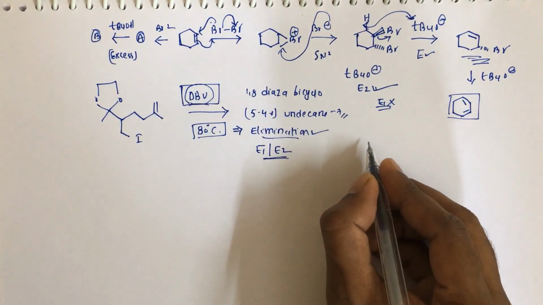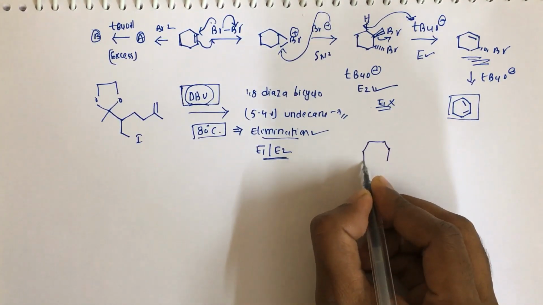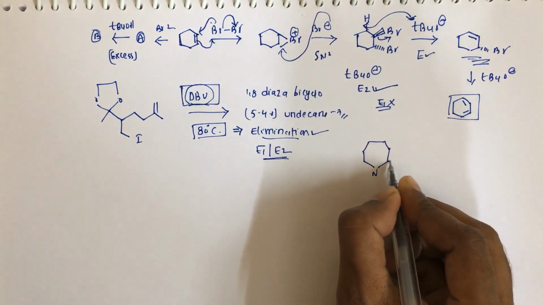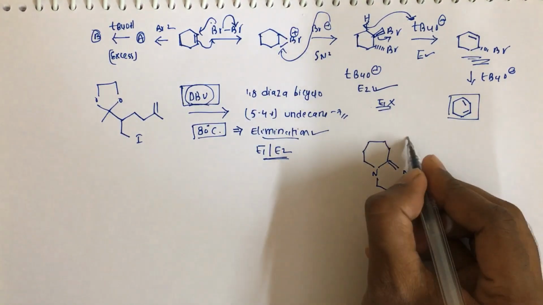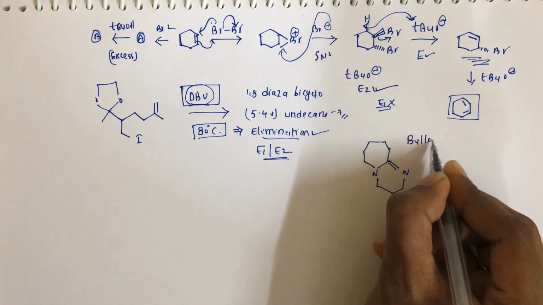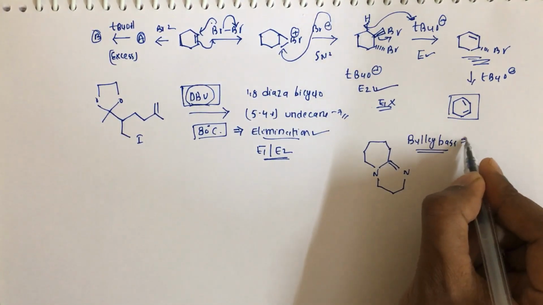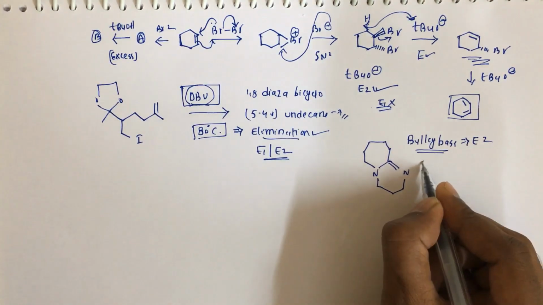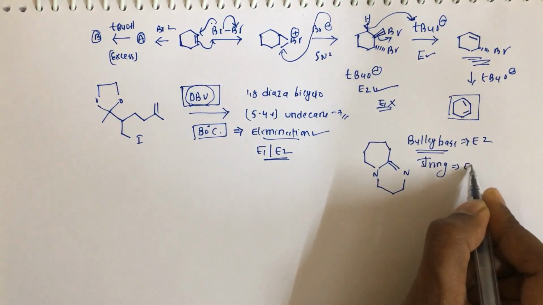If we see the structure of DBU, it will be like this. So this is a bulky base. Bulky bases prefer E2 elimination. Bulky as well as strong bases prefer E2 elimination.